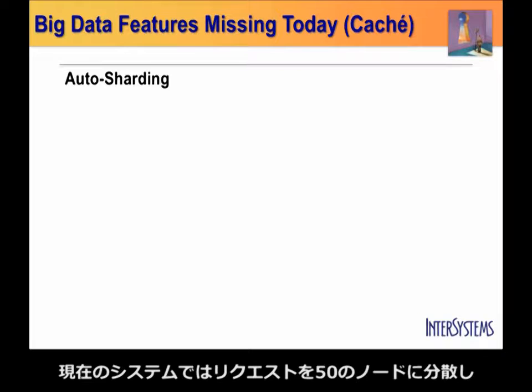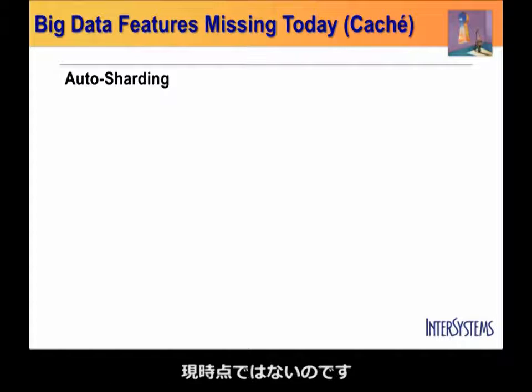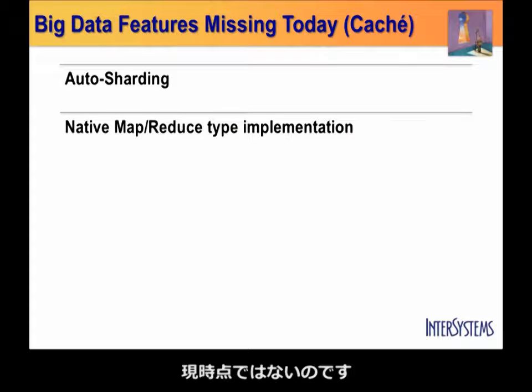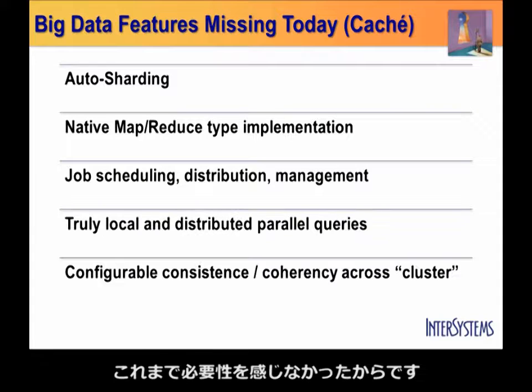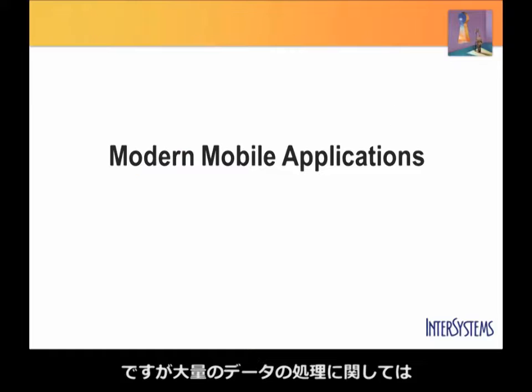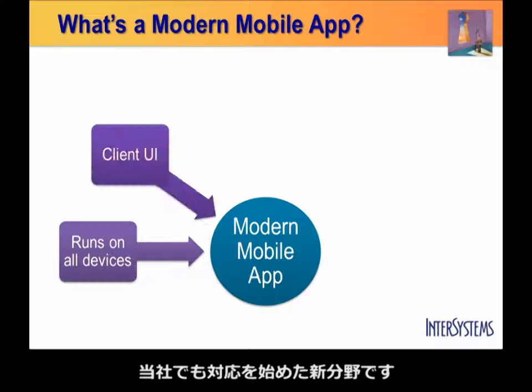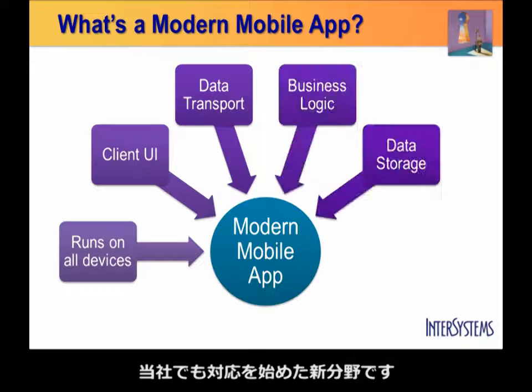We don't have a way today to take a message that comes in, for example, and then distribute it out to 50 nodes to have those 50 nodes actually do small parts of the problem and then get the answer back. We don't have those mechanics today. Frankly, we don't have them because we've not needed them, because the industry is really moving in this direction with the large scales of volumes that we're seeing for this data. So this is new ground that we're starting to cover now.